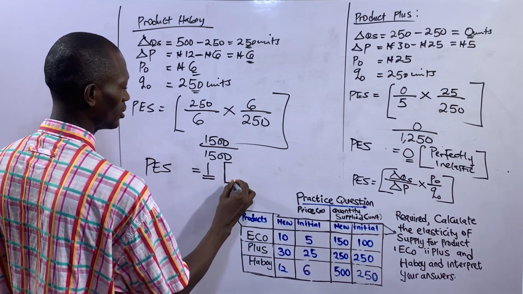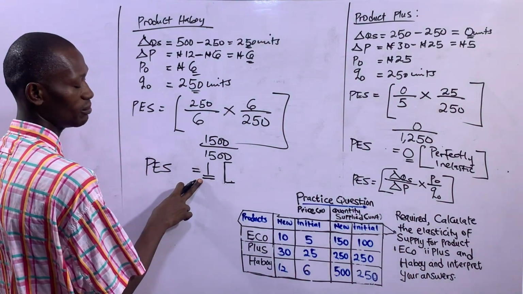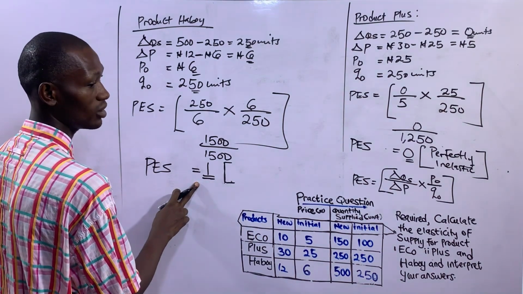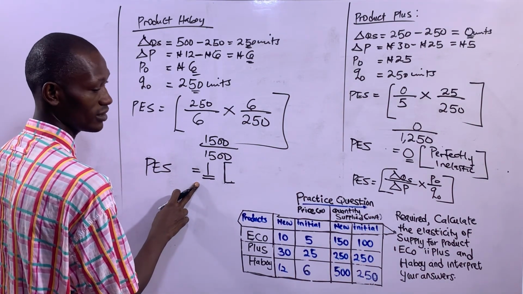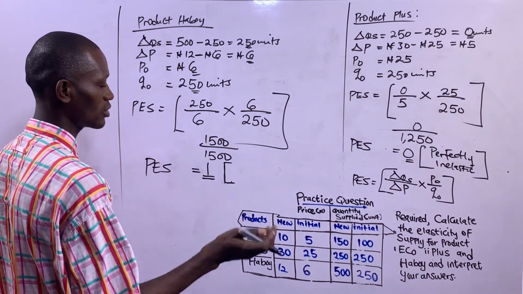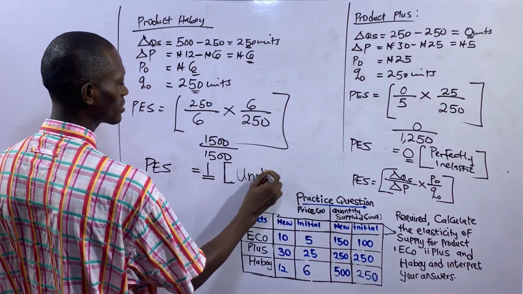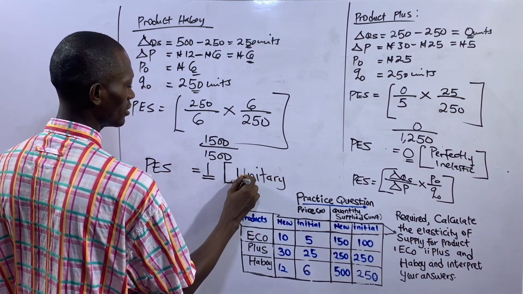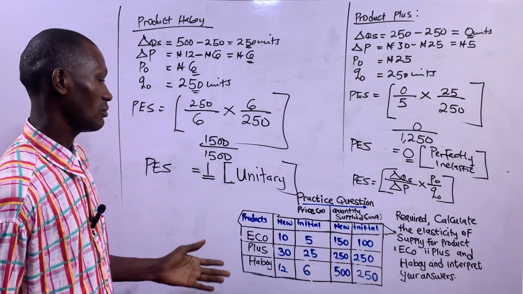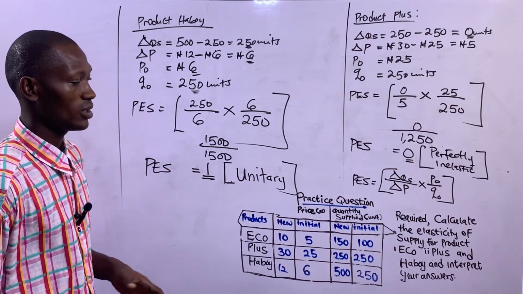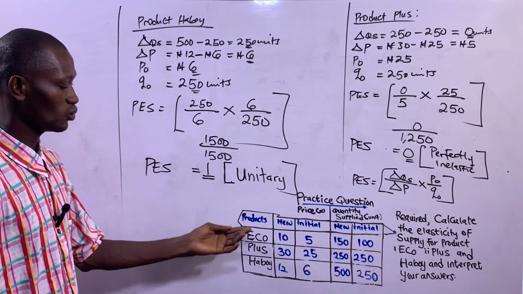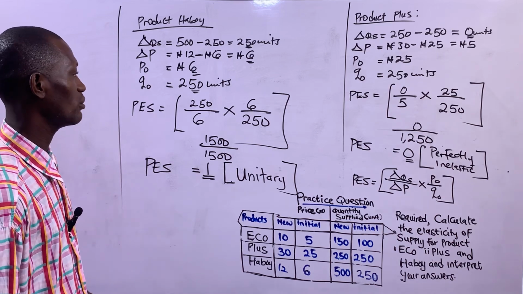Since the price elasticity of supply coefficient is equal to 1, someone should try to give us the interpretation. It will be interpreted as unitary. So it's interpreted as unitary price elasticity of supply because it is equal to 1. So that's the solution to the products given, which are 3 products, Eco Plus and Aboy.